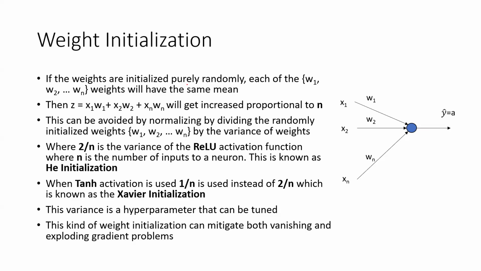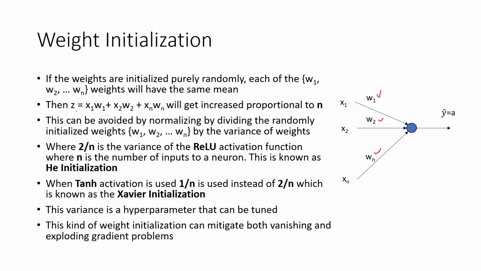The recommended way of initializing these weights in a neuron is using a random distribution. You should initialize each of these weights in a random way.